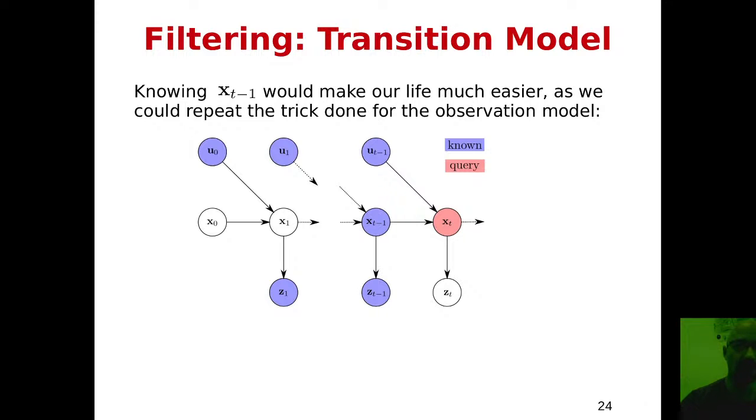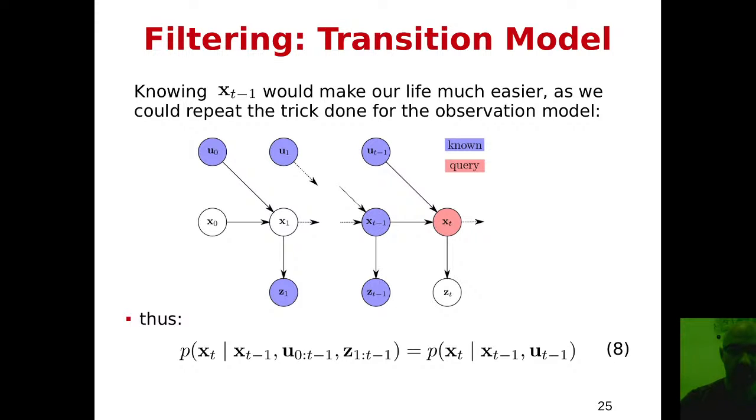Well, again, we check in our rulebook of probability identities if there is something that might help us. If we would know x t minus 1, which we don't, then we could easily write down this identity, P of x of t given x t minus 1 and all the controls and all the measurements, which will be equal to something we have in our ingredient list, which is the transition model.